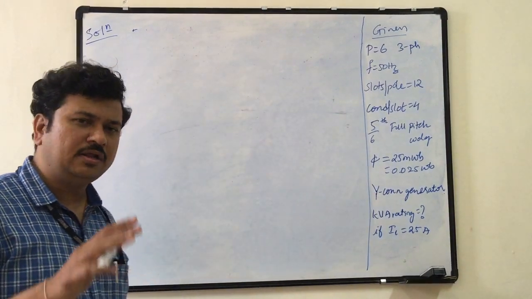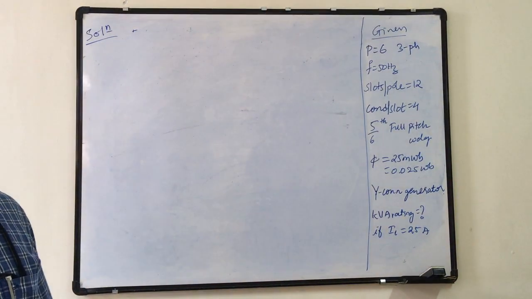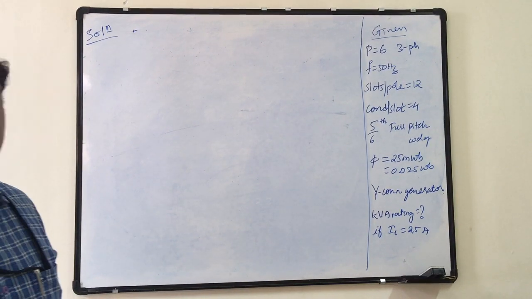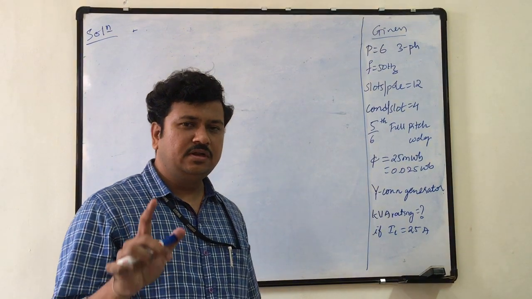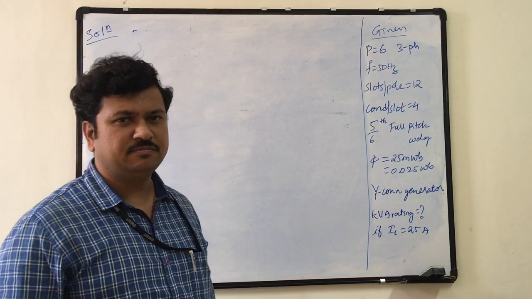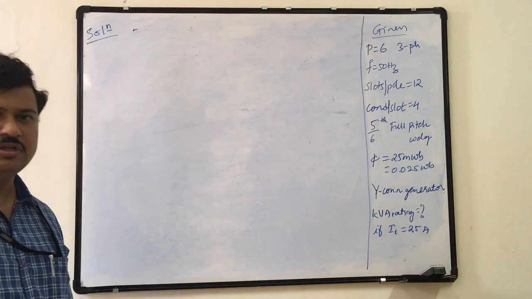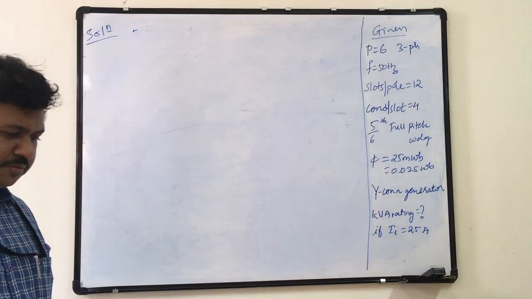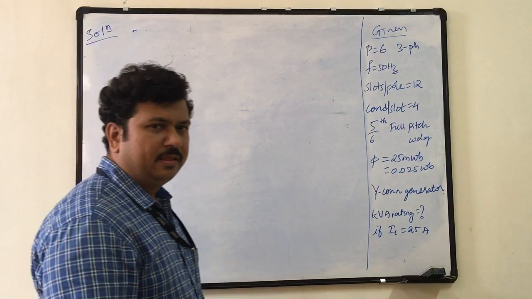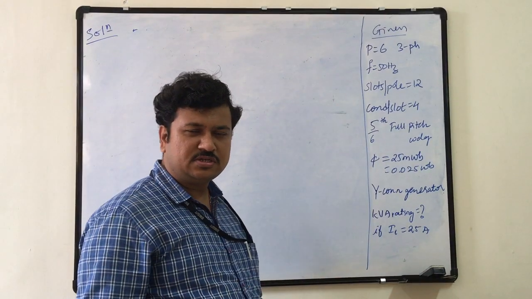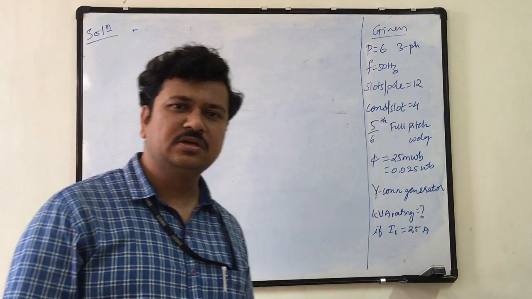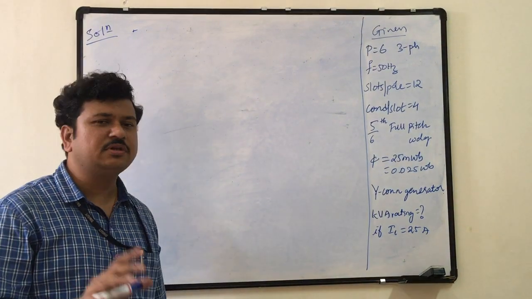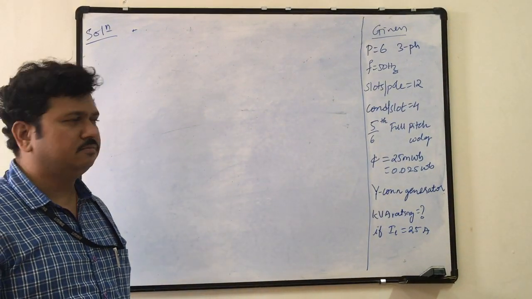Even practically in some cases I will be using full pitched winding, but never ever I will be using concentrated winding. So always distribution factor will come into picture, whether it is mentioned or not mentioned in the example given. Distribution factor will come into picture if I know the total number of slots and number of poles and number of phases. I can calculate distribution factor, that is Kd.